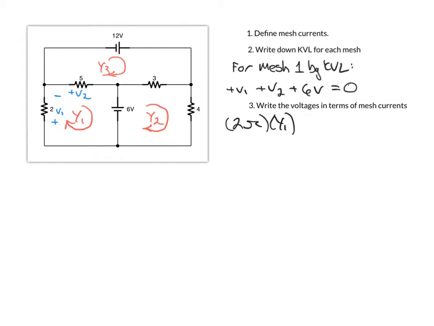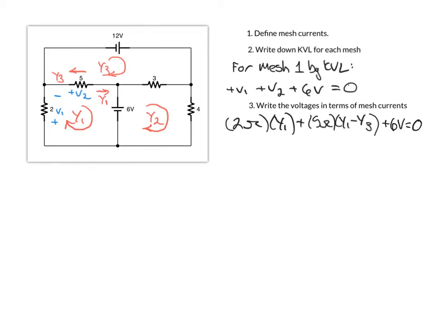For the 5 ohm resistor, we've got Y1 flowing in this direction, and we've got Y3 flowing in this direction. So we've got to write that V2 as 5 ohms times (Y1 minus Y3) plus 6 volts, and all that must be equal to 0.